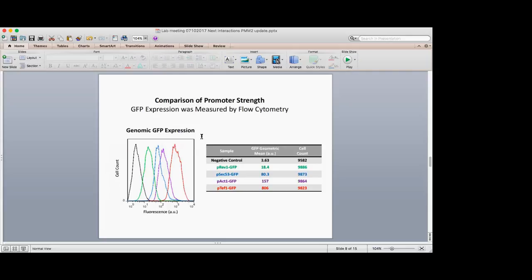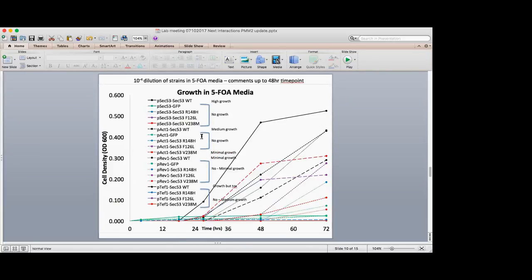You can see here that it produces an intensity 10 times higher than the normal endogenous Sec53 promoter. So we're really testing a wide range of Sec53 protein levels, and of course we're testing the different mutants across these promoter panels. So here's a summary of all the data, and I'll break it up into chunks so you can actually interpret it intelligibly.